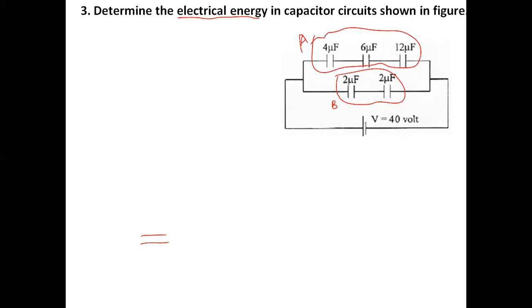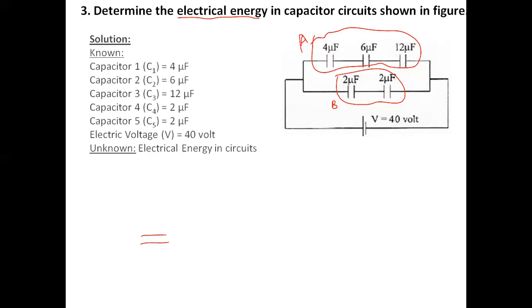Now we will see the given data, known values, all the capacitors C1 to C5, because 5 capacitors are there. Assume C1, C2, C3, these three are connected in series, and then C4, C5, these two are connected in series.